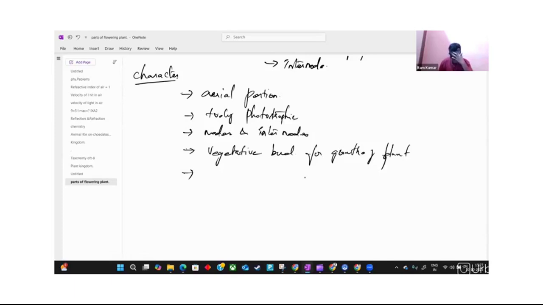During reproductive growth, the stem bears flowers and fruits.